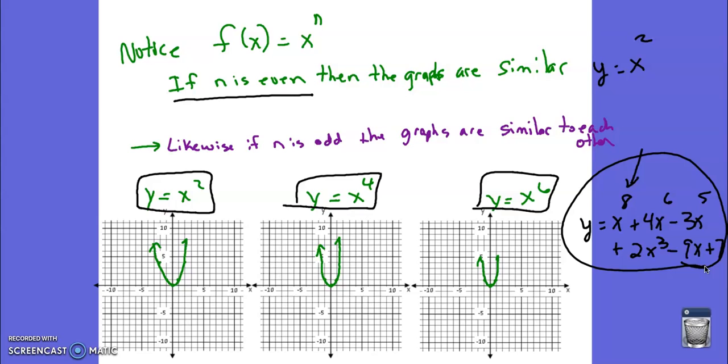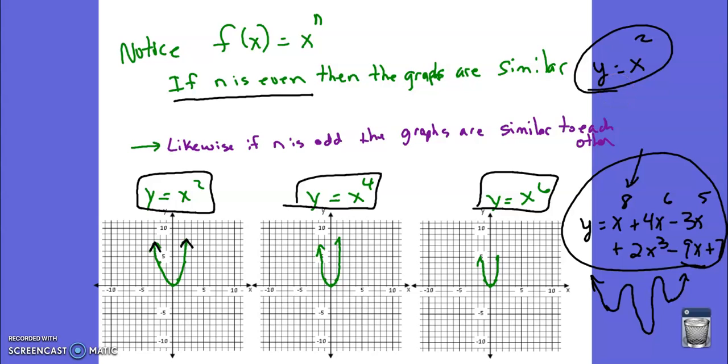In general, the endpoints are going to go up, like x squared goes up, and what it does in between may look different, depending on all the powers. So you just need to be familiar with this: in general, if the highest exponent is even, they're all going to look like y equals x squared.